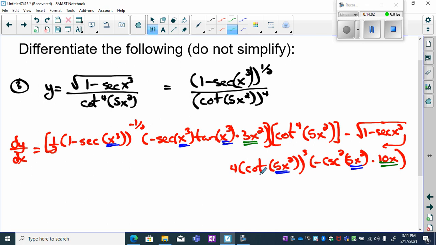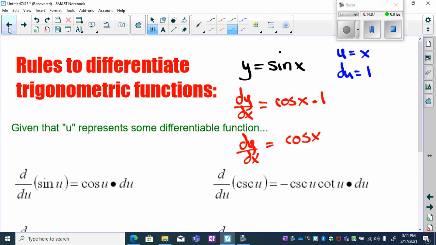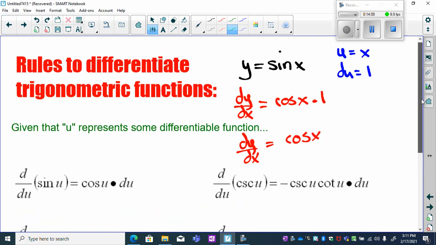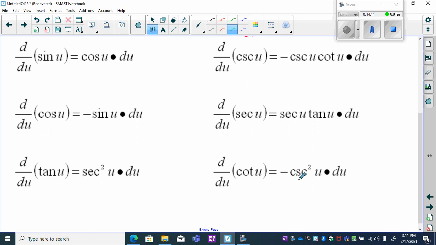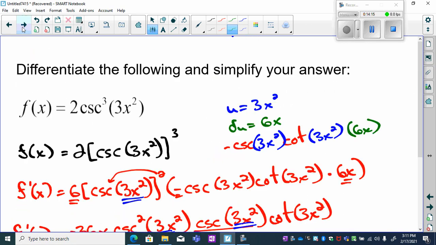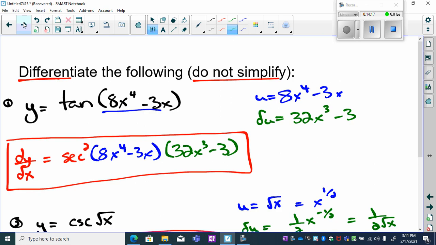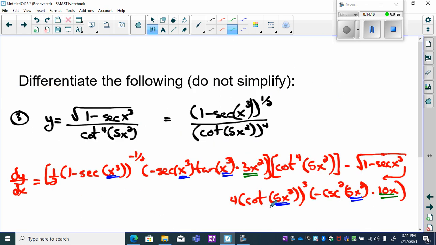And again, if you're wondering where that came from, just look back a couple of slides. You should have these in front of you. The derivative of cotangent u was negative cosecant squared u times du. So I had cotangent 5x squared, so its derivative would be negative cosecant squared 5x squared times 10x.